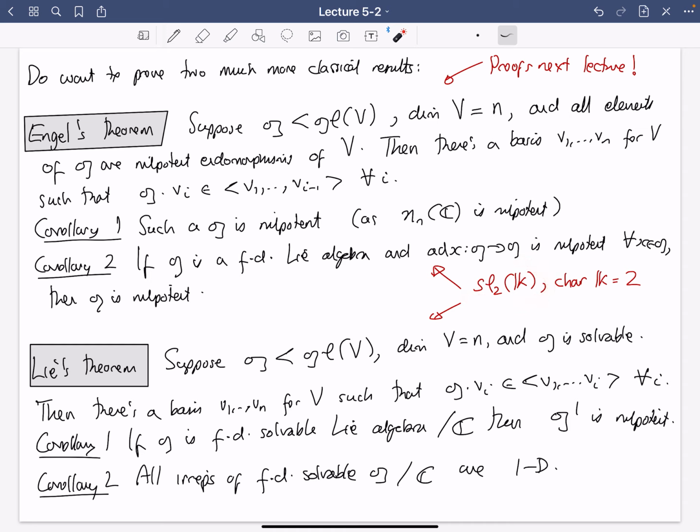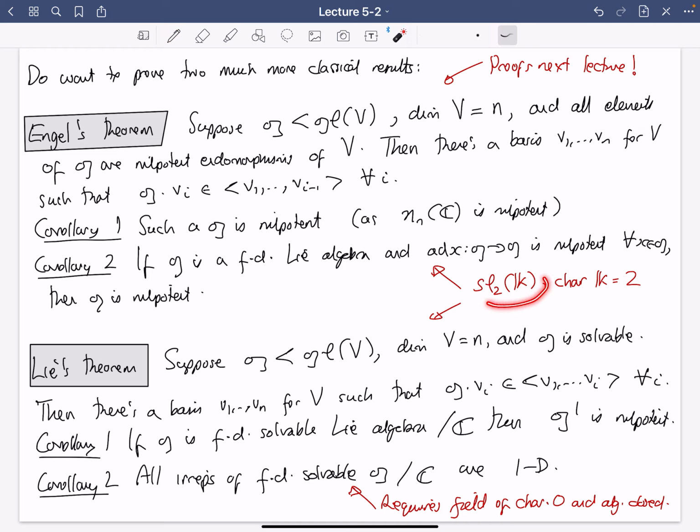Lie's theorem, on the other hand, requires that the ground field is of characteristic 0 and algebraically closed.